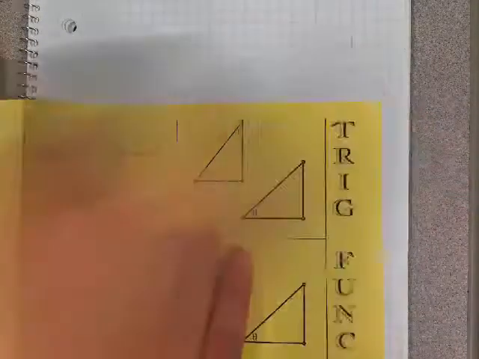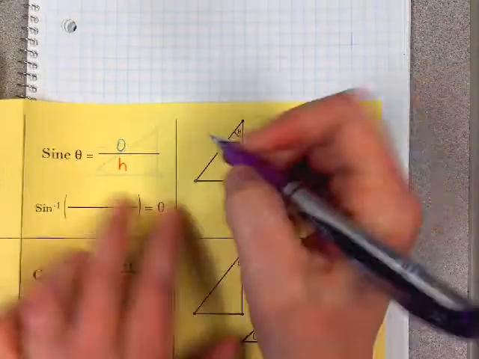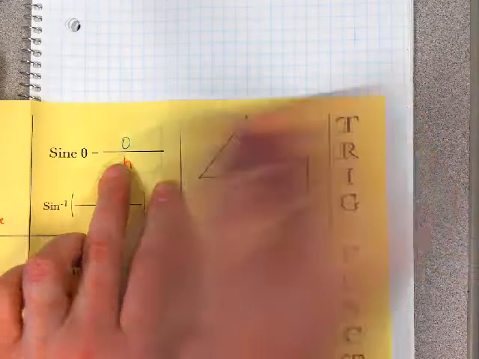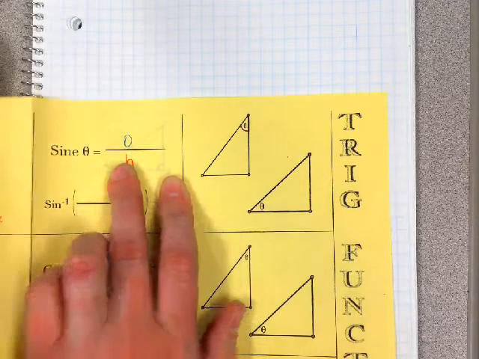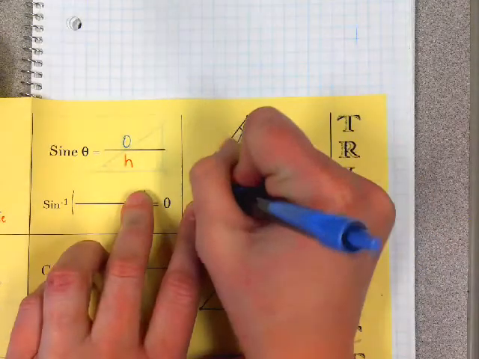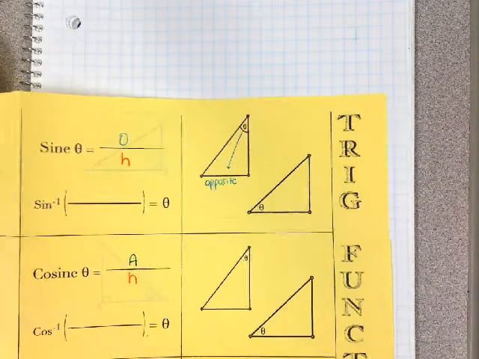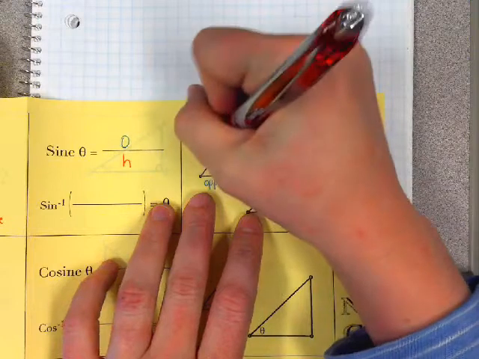Okay, if we're talking about angle theta, so if this is theta up here, to write sine of that, you would have to look at the side opposite. So notice this side over here is opposite. And then this is the hypotenuse.